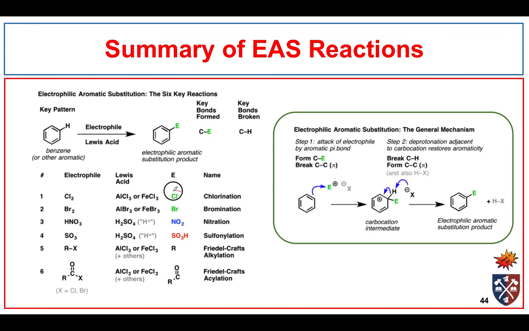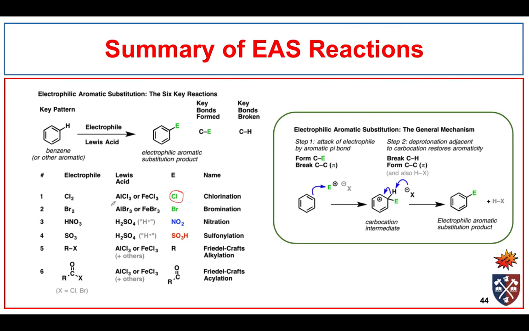So for our effective electrophiles, Cl, bromine, we can think of those as being the cations. All of these we can think of the cation as being the electrophile. It may or may not be the active electrophile. It may be some Lewis acid-base complex that's the electrophile, but we can think of it as being the electrophile.